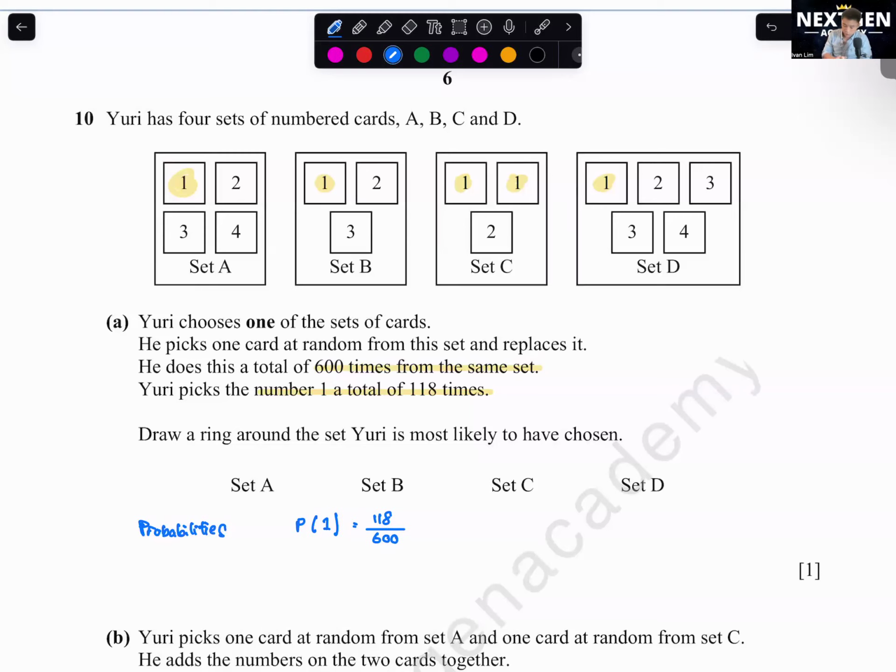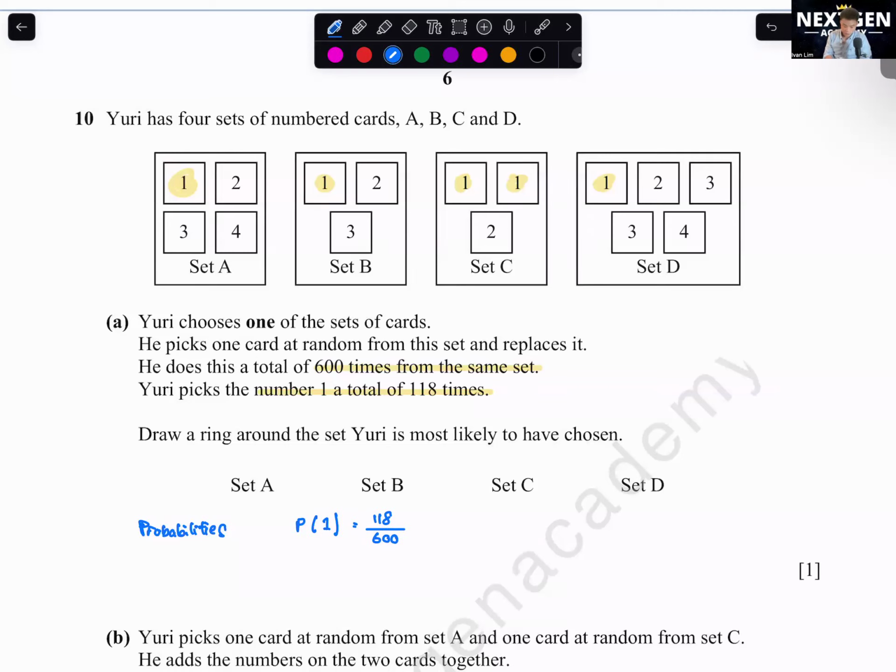Okay, type it in the calculator. Your calculator by default will give you another fraction, right? 59 over 300. Maybe this value is not so good, so you change it to decimal. Do you know how to change your values to decimal?